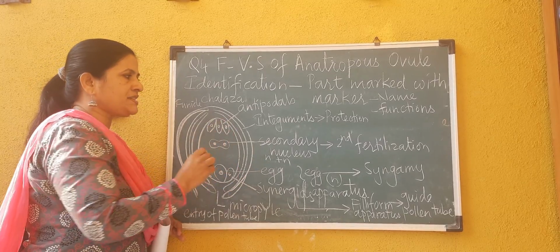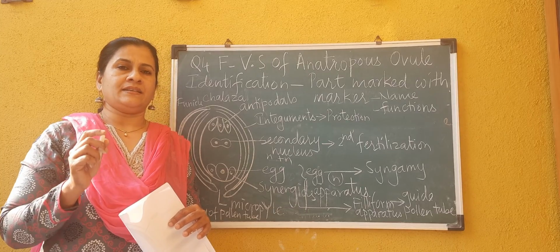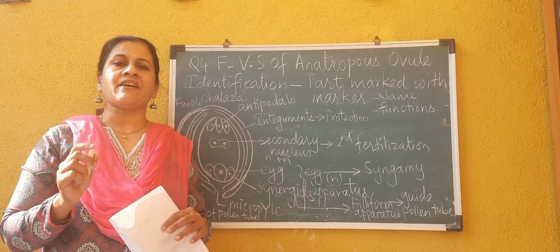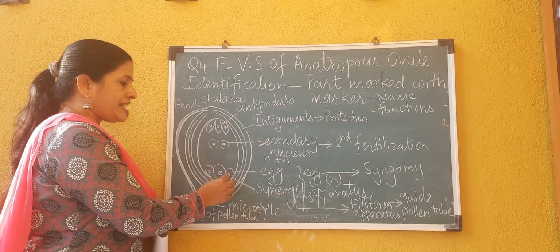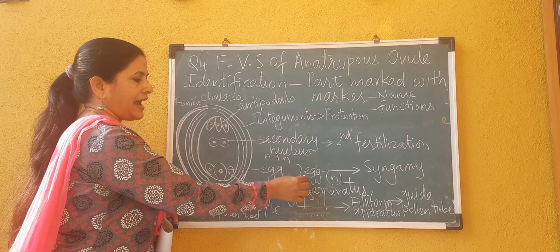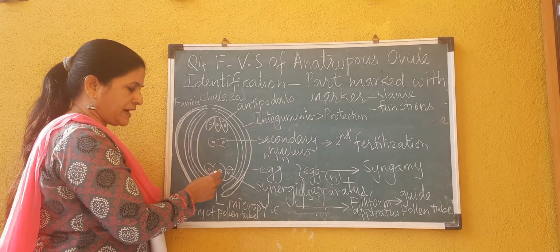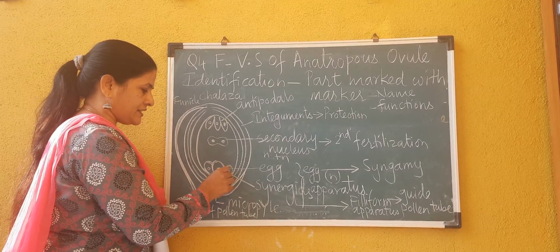The embryo sac of angiosperms is an 8-nucleated and 7-celled structure. The 3 cells near the micropyle are called the egg apparatus, which is made up of a central egg and 2 synergids.